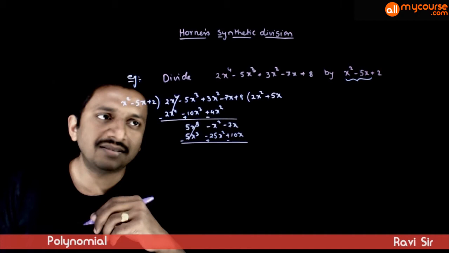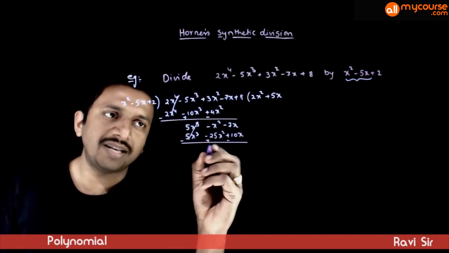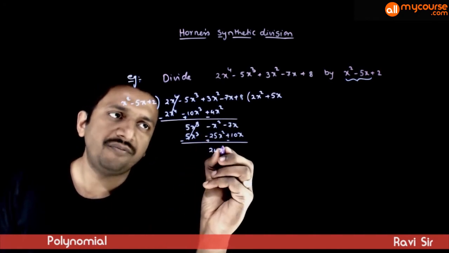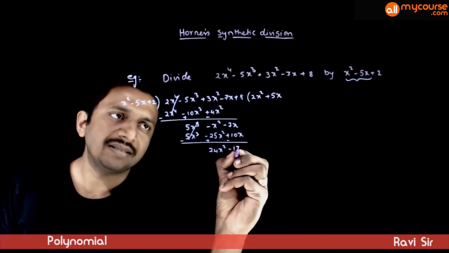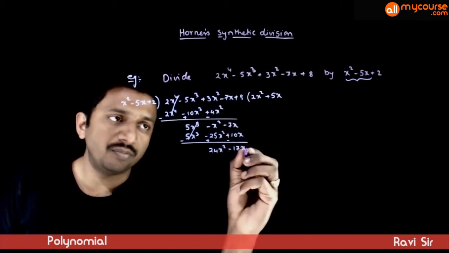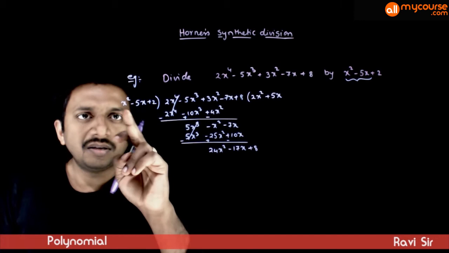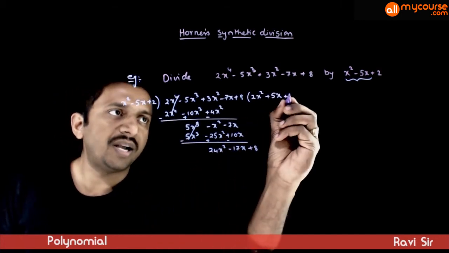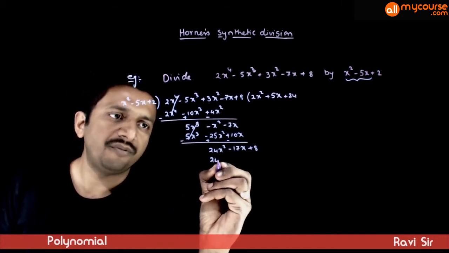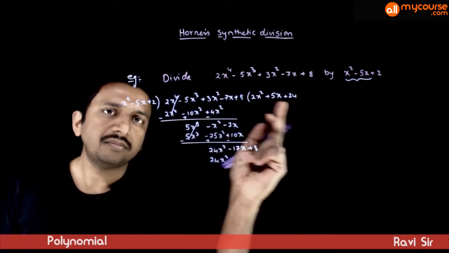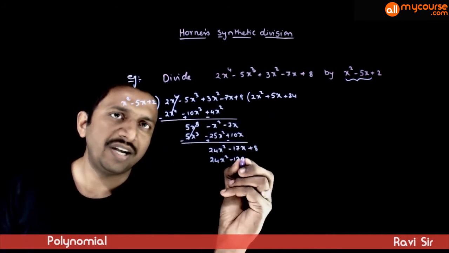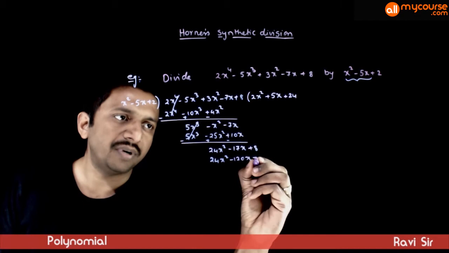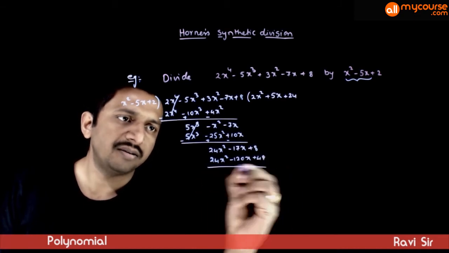So this 2 gets cancelled. 25x square minus x square is 24x square, minus 17x, and you borrow this 8. So x square into 24s are 24x square, minus 120x. 2 into 24 is 48.